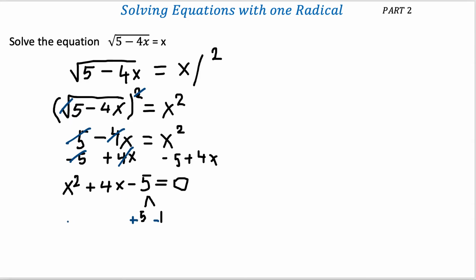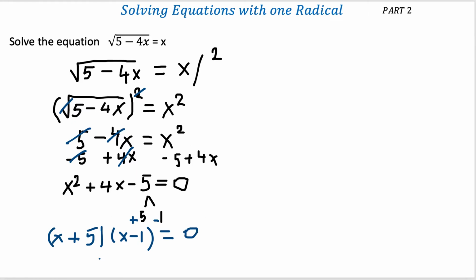So therefore I can factorize this in the form of x plus 5, and the other factor is x minus 1, everything equal to 0.